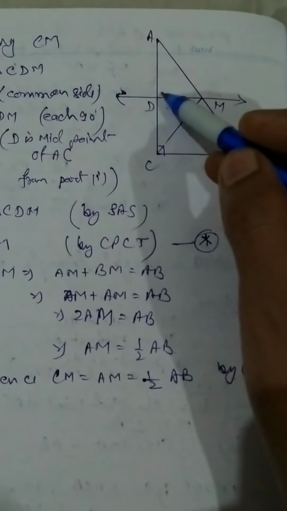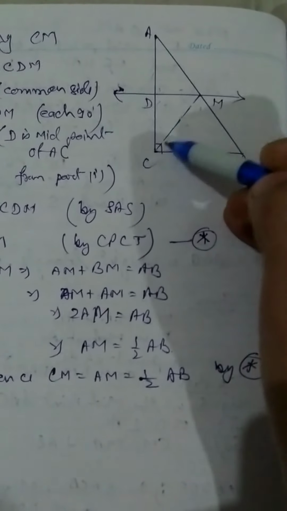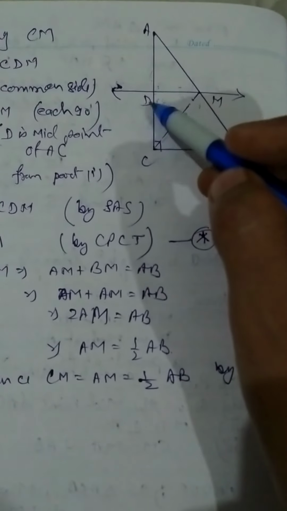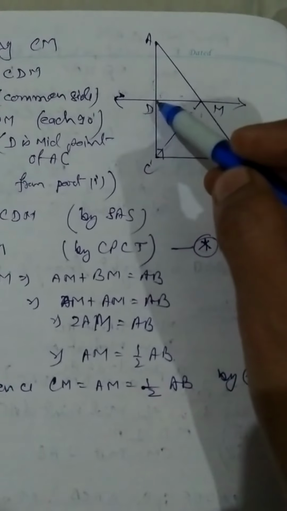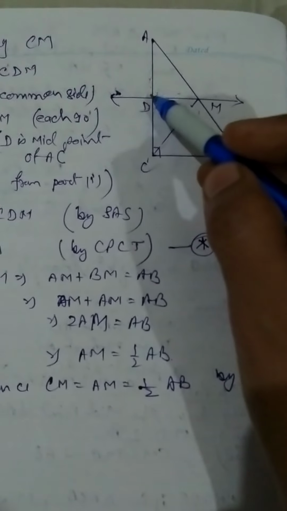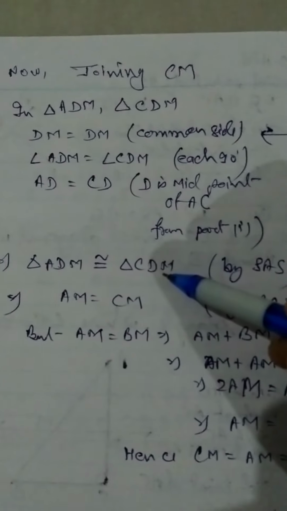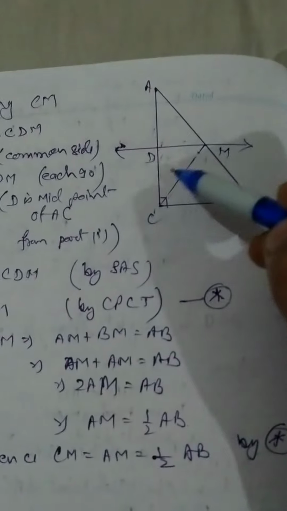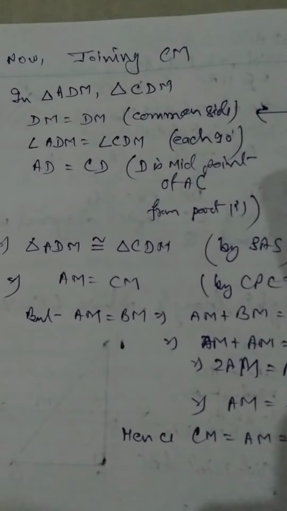So this angle in this upper triangle and this angle in the lower triangle are both 90. DM is common and AD is equal to DC. So side, angle, side, SAS. So by SAS, the two triangles become congruent. If they become congruent, then by CPCT, their corresponding parts are equal. So AM is equal to CM. Just write here by CPCT.